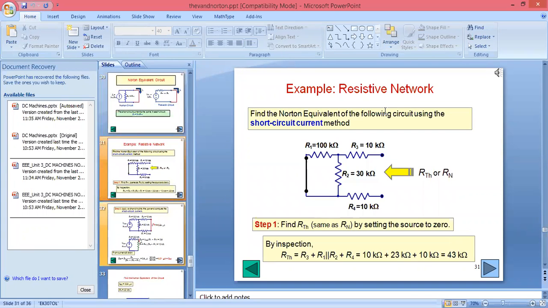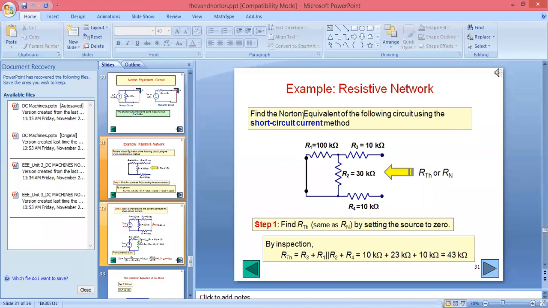Okay, so here we have the network: find the Norton's equivalent of the following circuit using the short circuit current method. This is nothing but Norton's theorem. So when using short circuit, you are supposed to understand the meaning. Open circuit means Thevenin. Sometimes they will give the name directly.